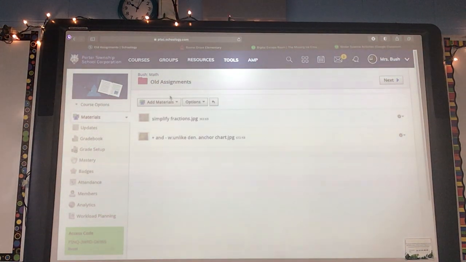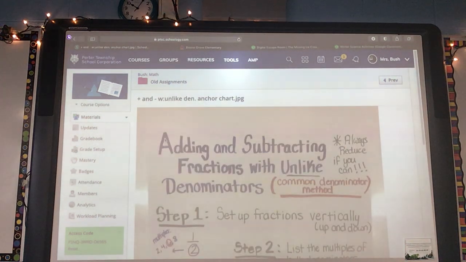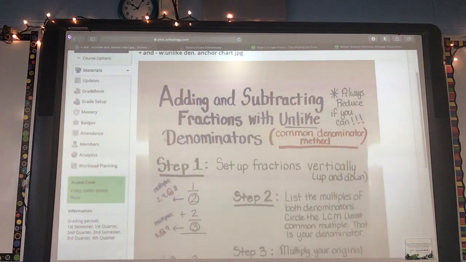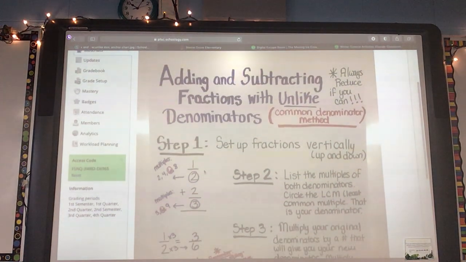The other one is adding and subtracting with unlike denominators, okay? So this is going to give us the directions and an example of how to add two fractions if they have unlike denominators. Unlike meaning what? Not alike, meaning different. So in their example, they have a 2 as a denominator and a 3, so they are different.